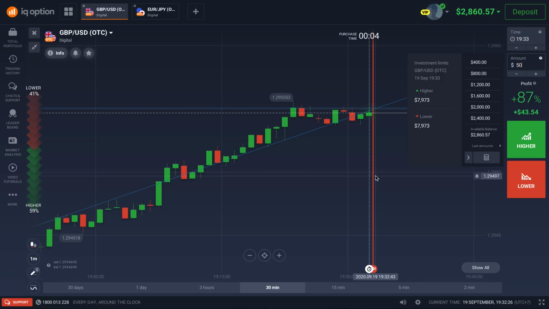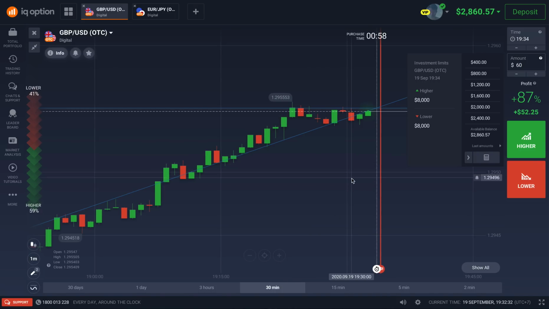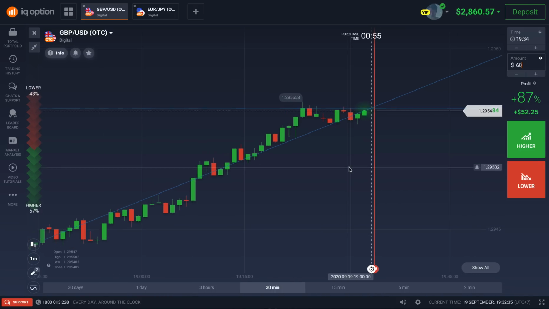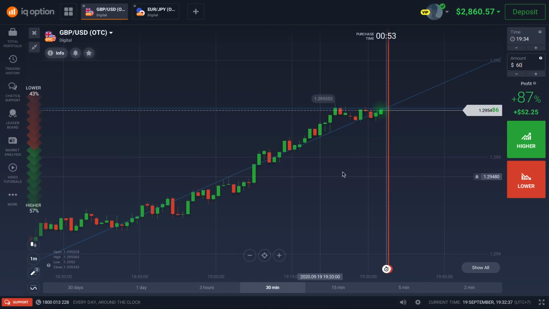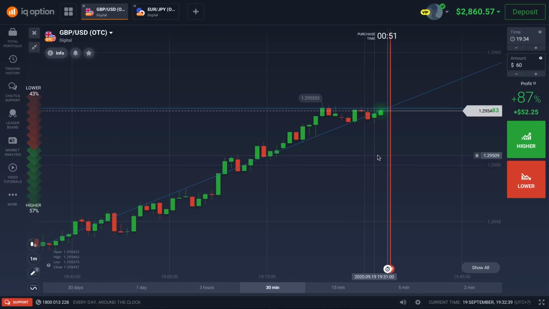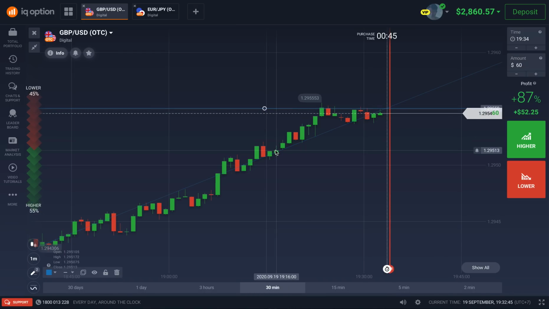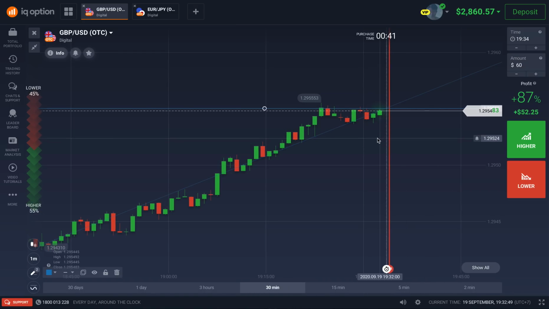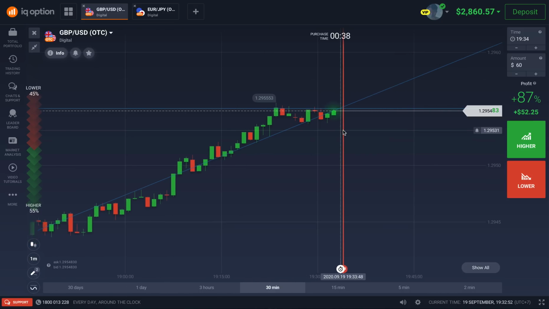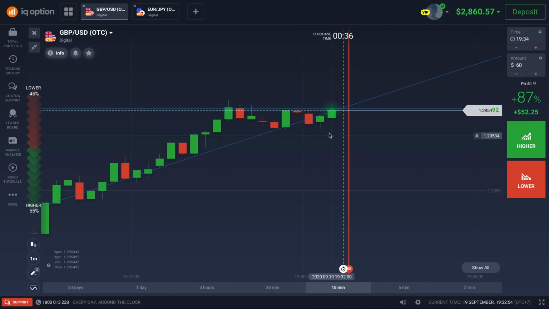This time, we lost 50 last time, so we will go 60 just to recover the loss from the first trade. We will go 60 on this one, and we wait for this to hit the resistance line and see the rejection from the resistance level.